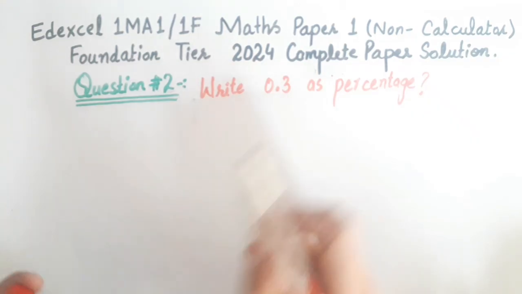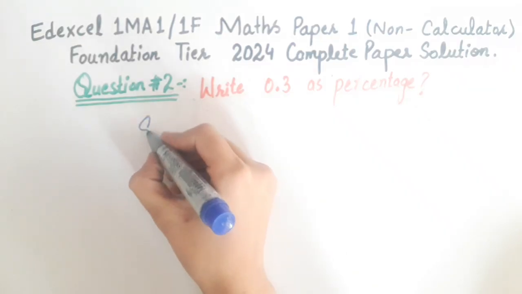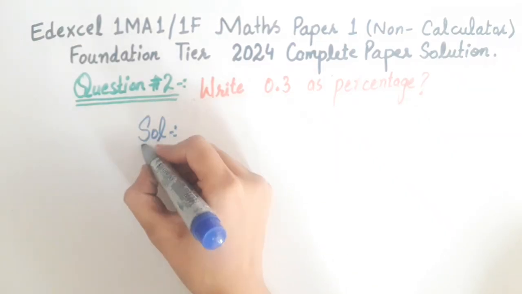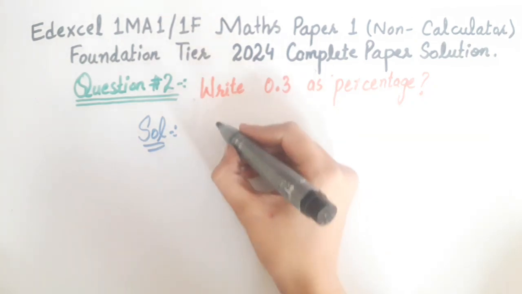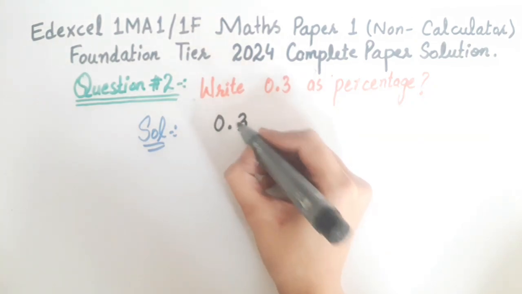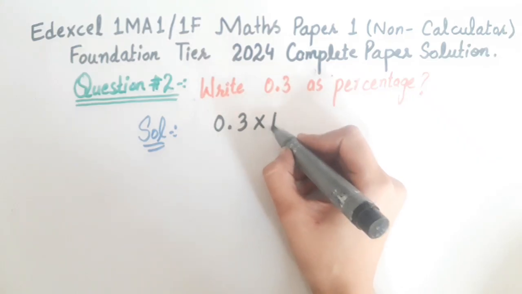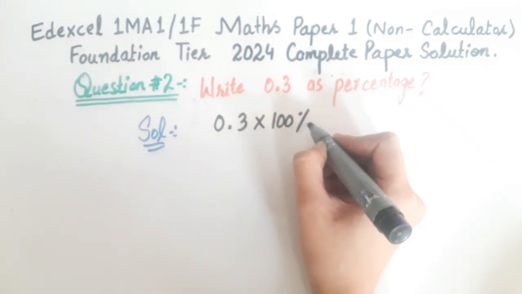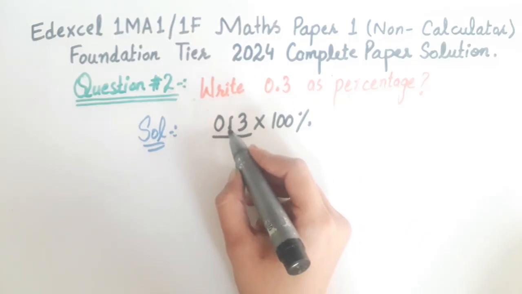That is, write 0.3 as a percentage. So we will solve this in a very easy and simple way. Write the solution as, 0.3 as a percentage means multiply by 100%. So we will remove this decimal.